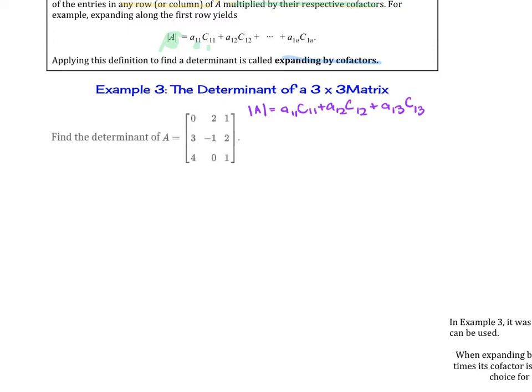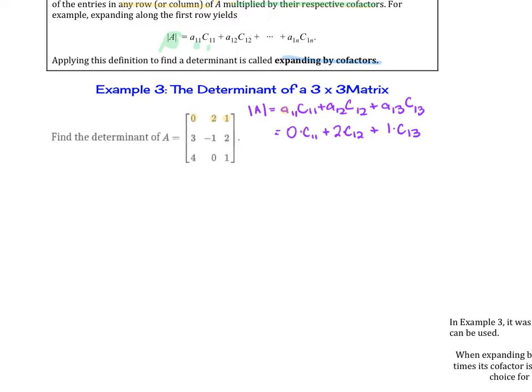So let's take a look. Remember that the A values here represent just the numbers in each placement here. And so let's substitute that first of all. So A11 is just 0 times the cofactor 11 plus 2 times the cofactor of 1, 2 plus 1 times the cofactor of 1, 3.